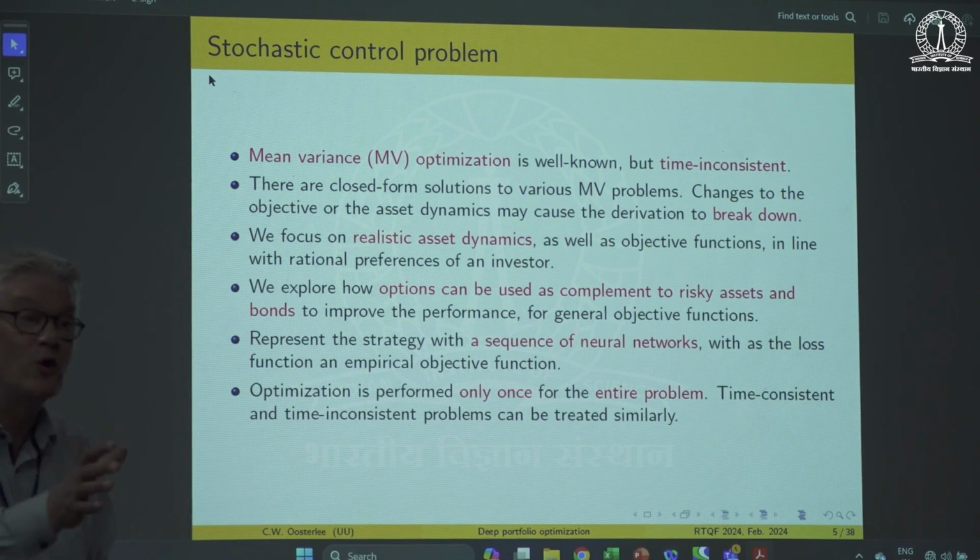So we look at a more general framework, and therefore it is worthwhile to consider these options. Again, the strategy is a sequence of neural networks with the loss function as an empirical objective function, and optimization, so learning this, is done once for the entire problem. For all time steps simultaneously, we'd like to find these u values.